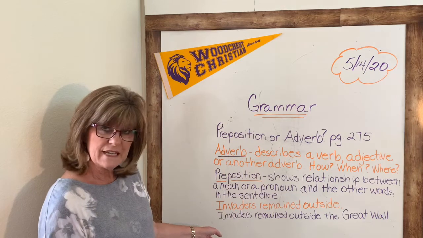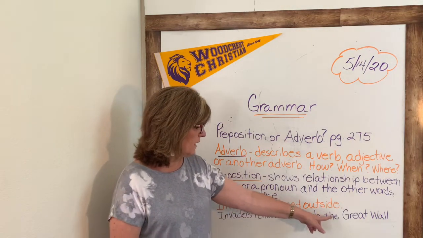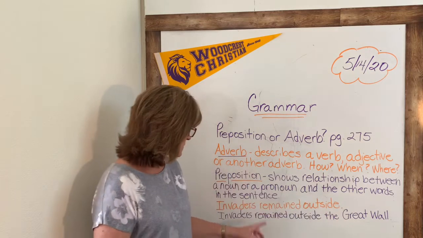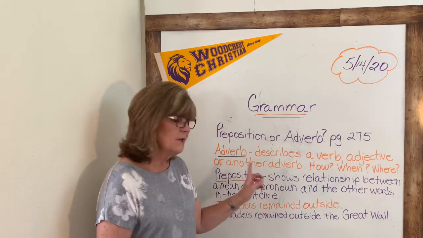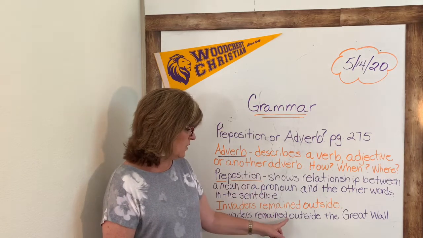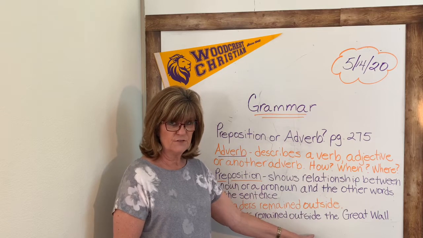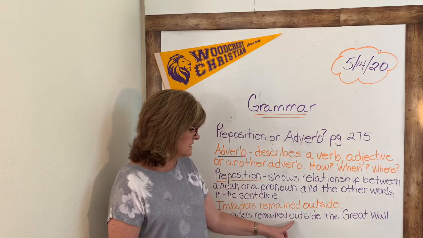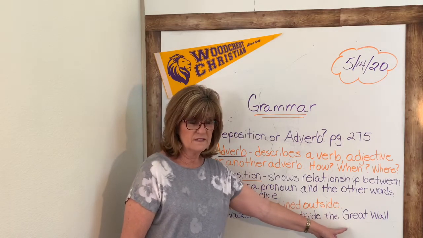Now let's look at the second sentence. "Invaders remained outside the Great Wall." Okay, so we have the same subject, invaders, same verb, remained, but this time, outside the Great Wall is a prepositional phrase. So outside is a preposition and Great Wall is the object.